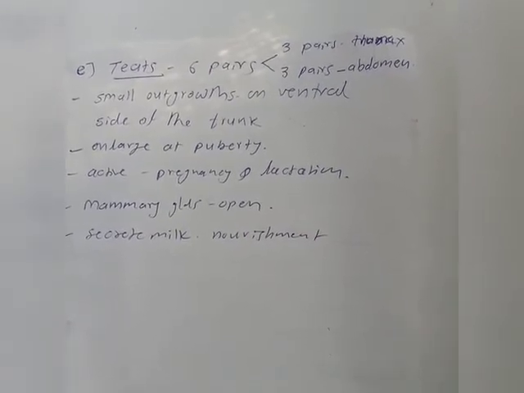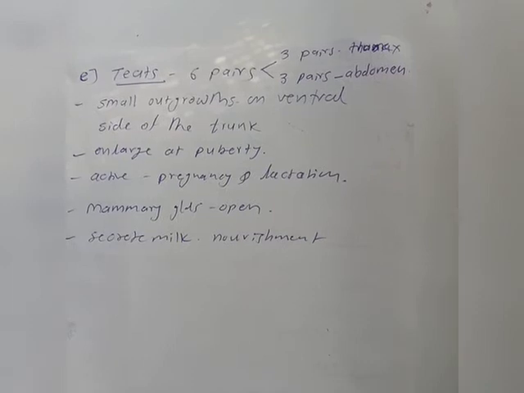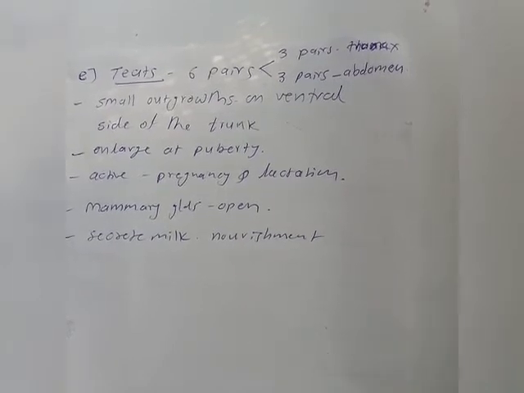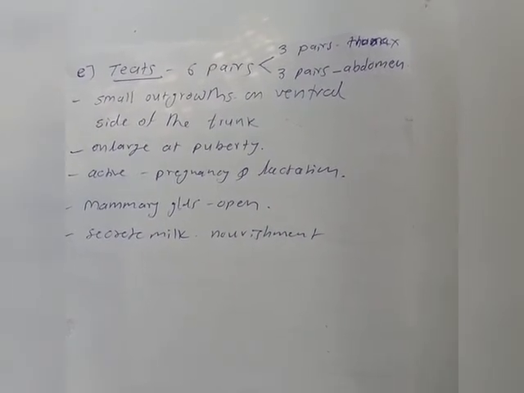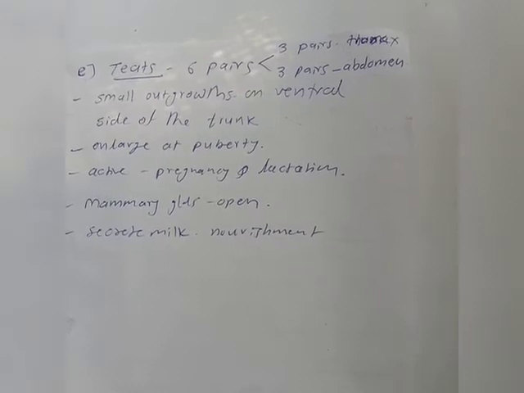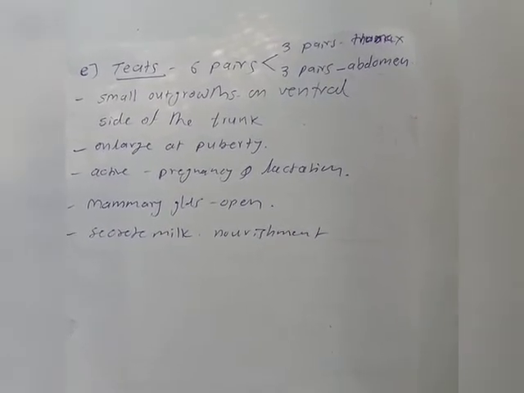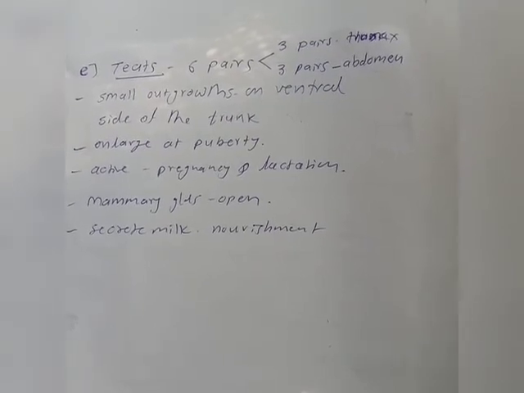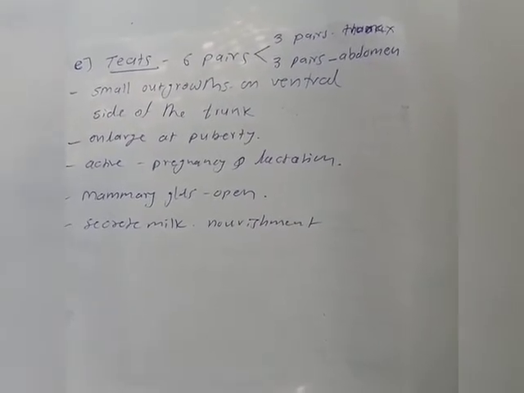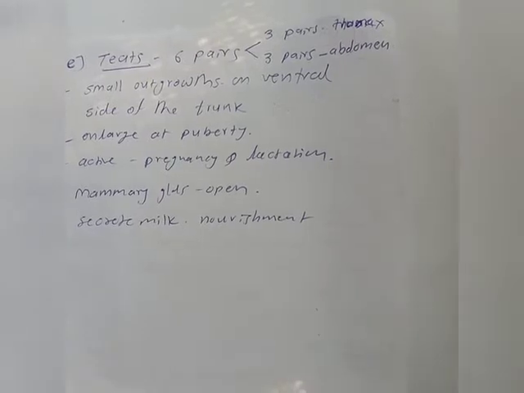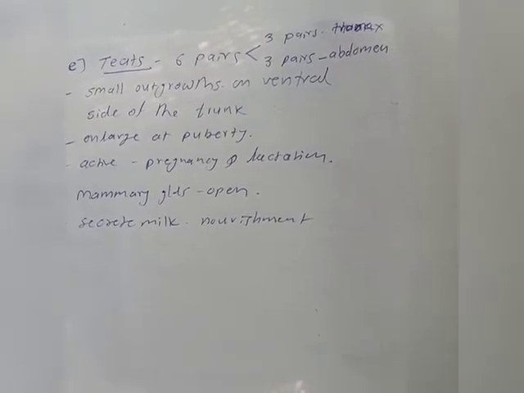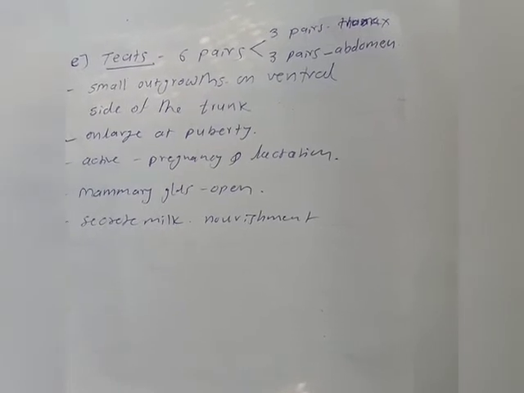They enlarge at puberty and become conspicuous during pregnancy and lactation. The mammary glands embedded in the skin open on the teats by minute pores. They start secreting milk for nourishment of young ones after the birth of the young ones.